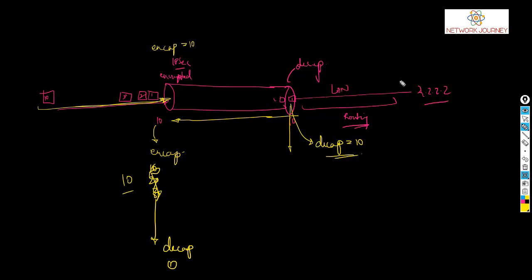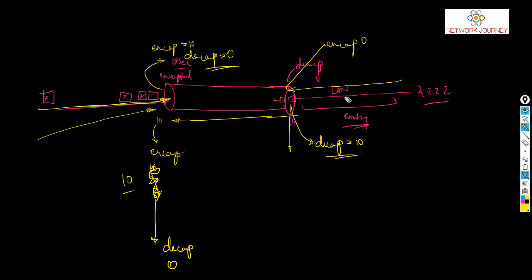But when there is return traffic, encaps will be 0 here, and that traffic over there will be shown as decaps. So that is the fundamental difference between encaps and decaps. Take it this way: encap is one side, and decaps for that same traffic is on the other side.